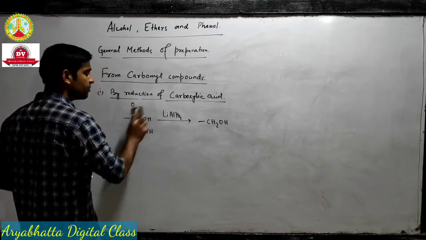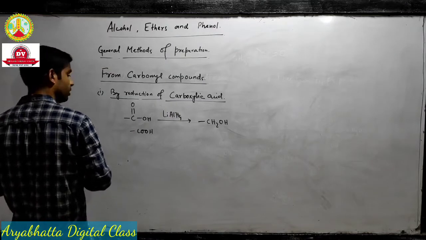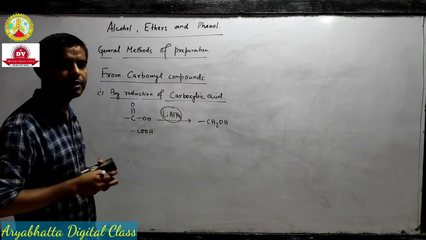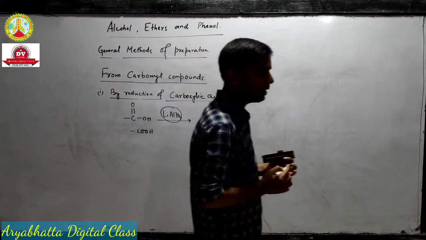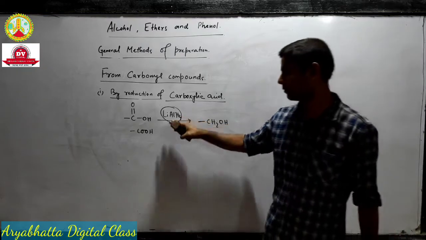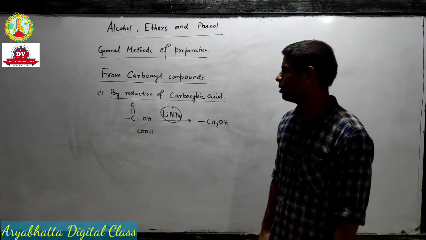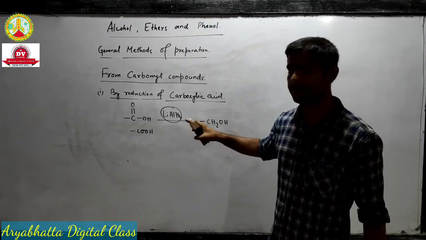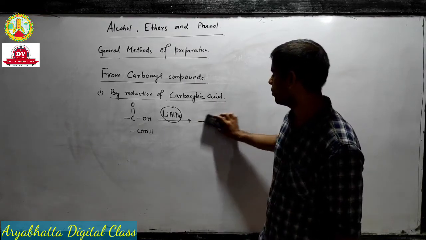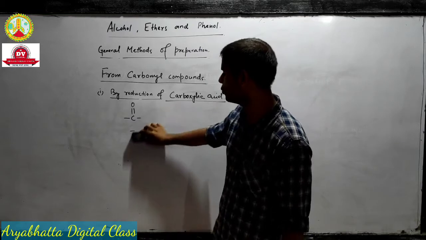But in this reaction, the main problem is this reagent. Lithium aluminum hydride is a very expensive reagent. So it is used in the preparation of very important chemicals or important alcohols which are very useful to us.